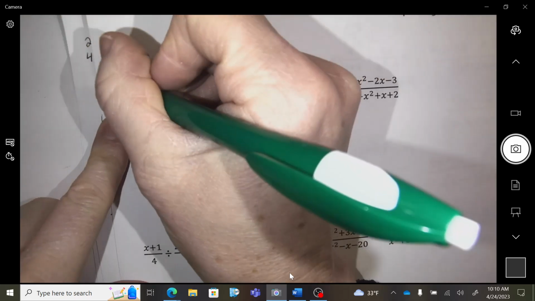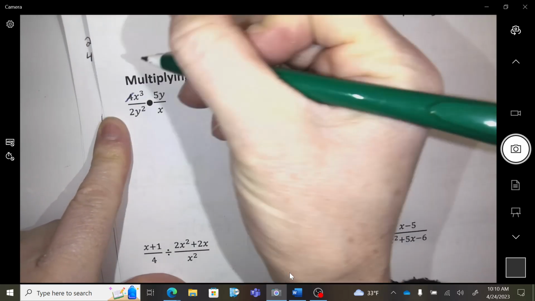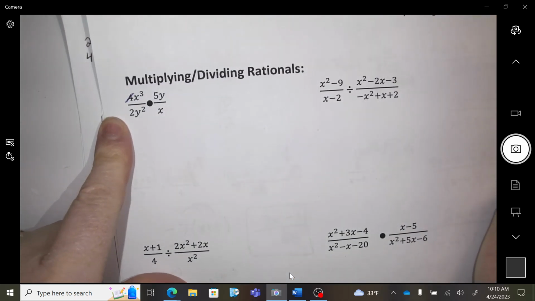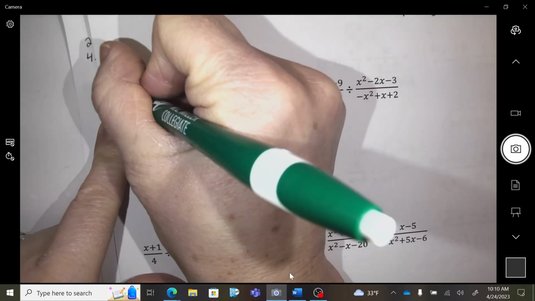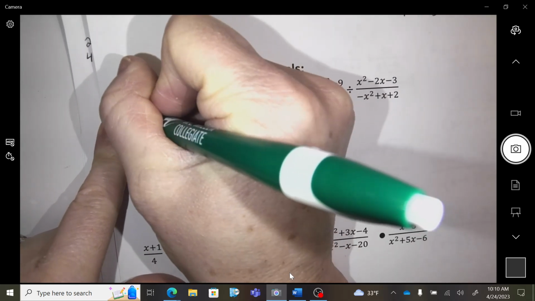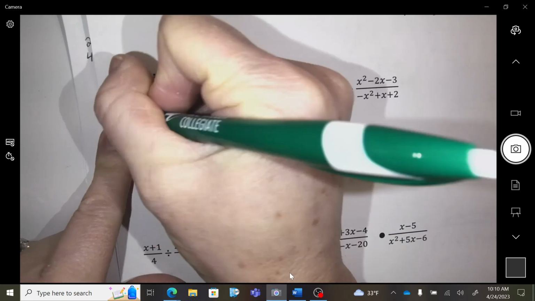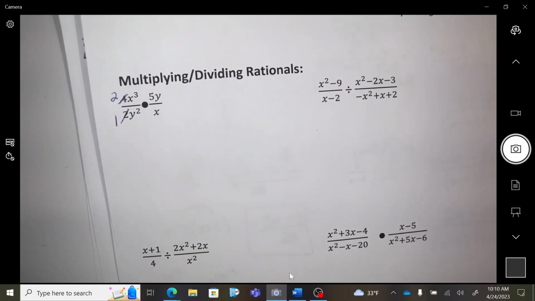If I cancel a 2 out, I'm going to cross off 4 and put 2. I'm going to cancel 2 and put 1. That was me canceling or dividing by a 2. So when you do this, whatever you do to a top, you got to do to a bottom. Okay, top and bottom.